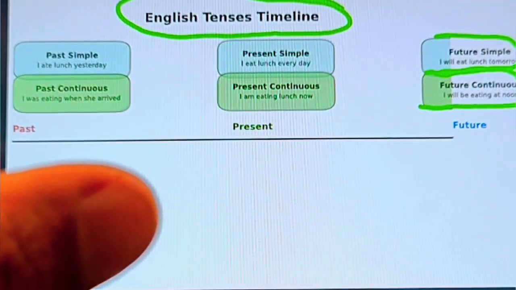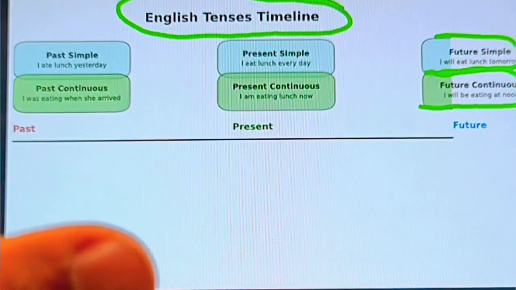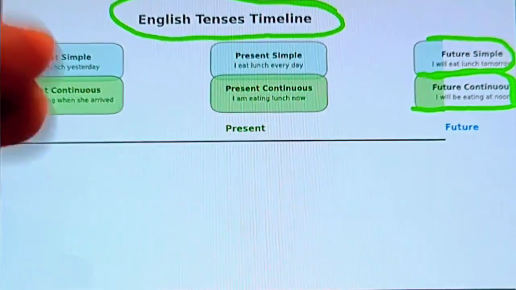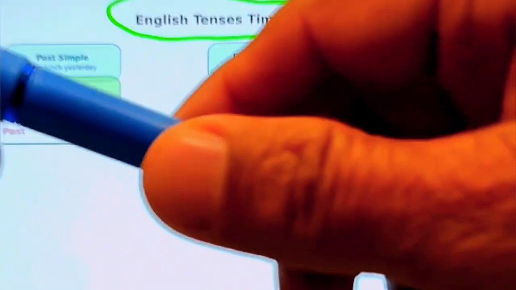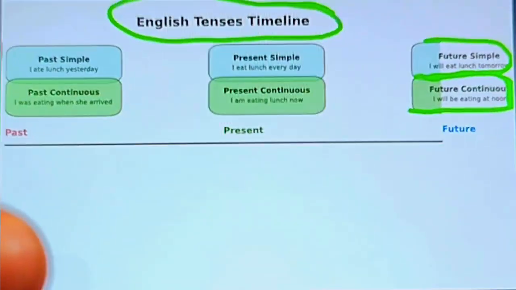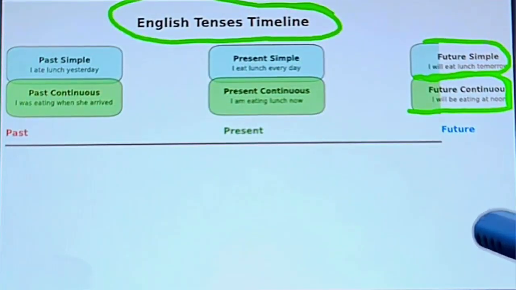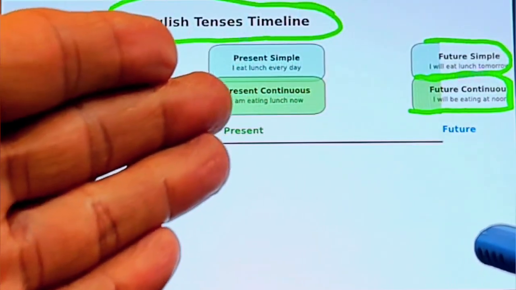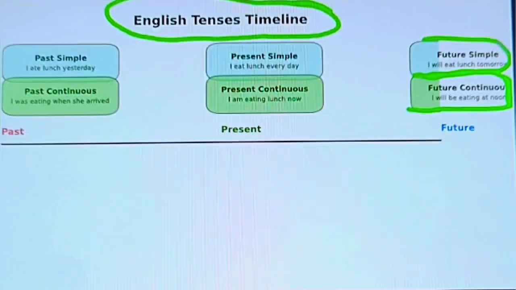This is a mnemonic as well to remember the tenses very easily. So let's take an example according to this English tense timeline. To easily remember, we put all the past tenses on the left hand side, present tense in the middle, and future tense on the right hand side.